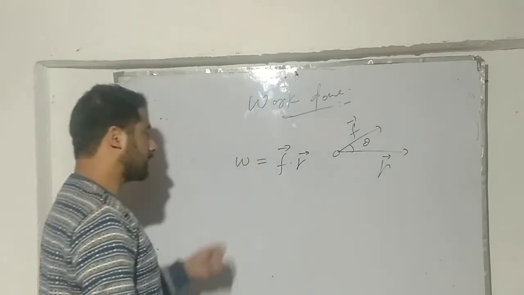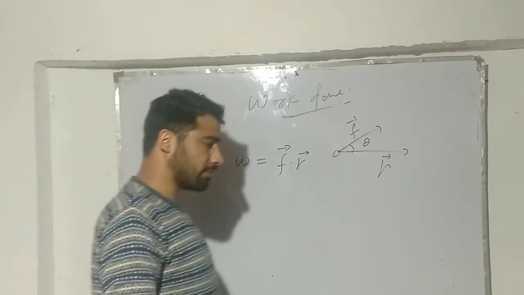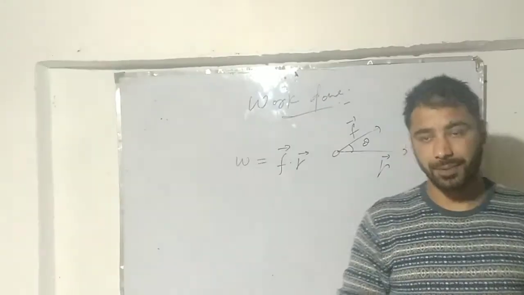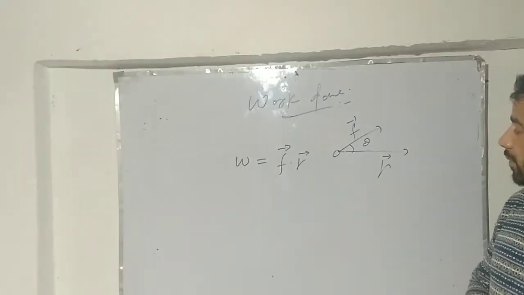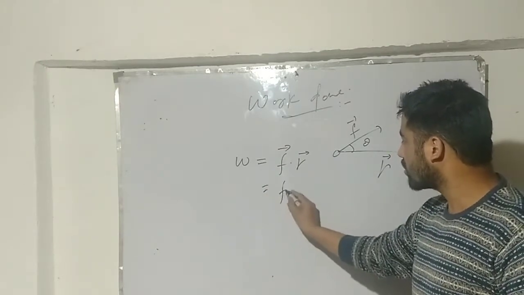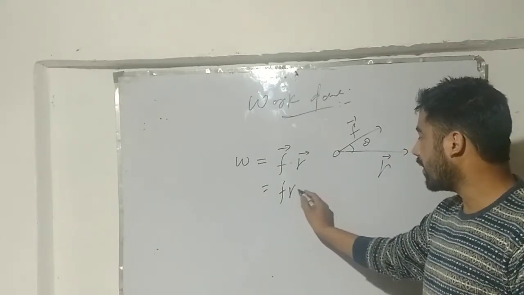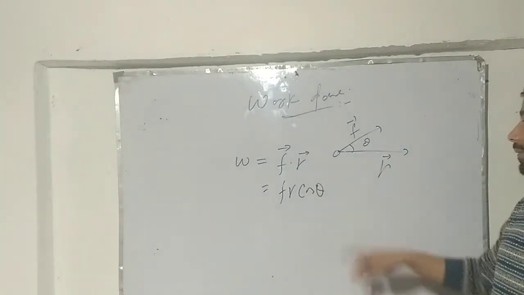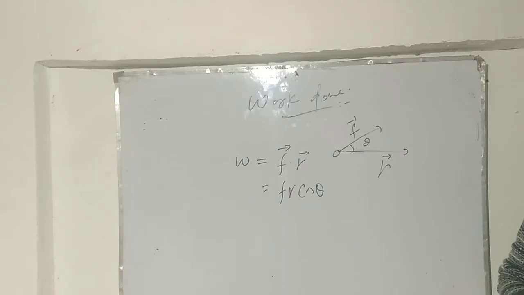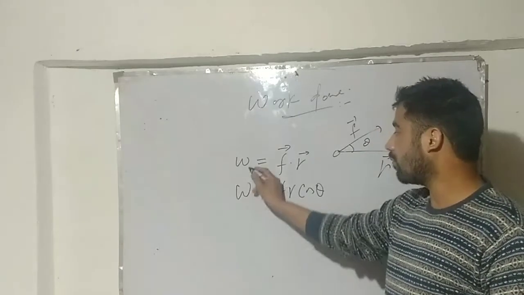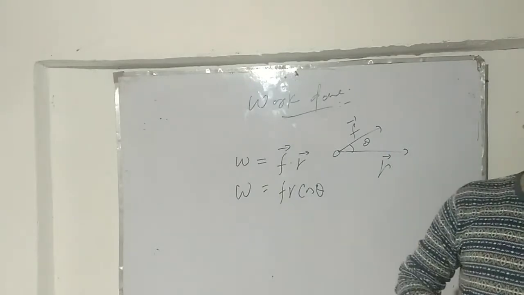This is how we define work done in physics: the dot product of force and displacement. Written in a simpler form, it is F r cosine theta, where theta is the angle between the particle displacement and the force. This is how we define work done in the domain of physics.